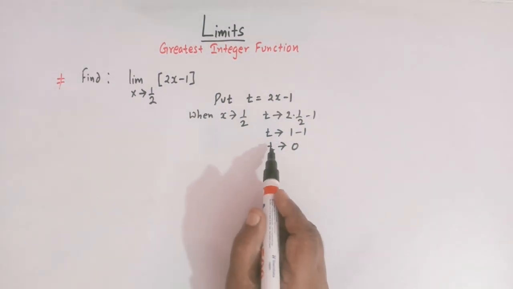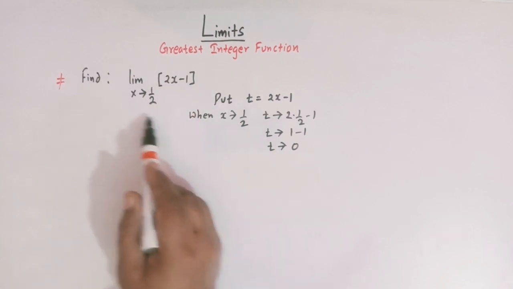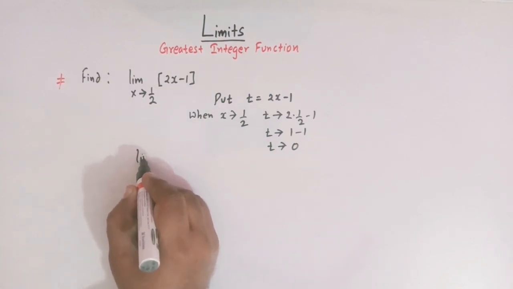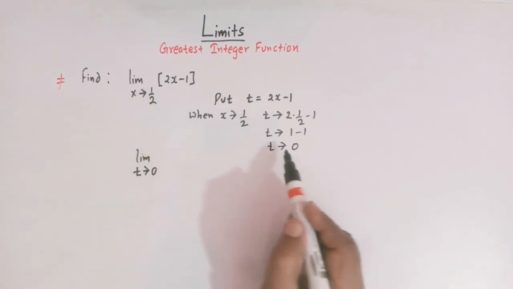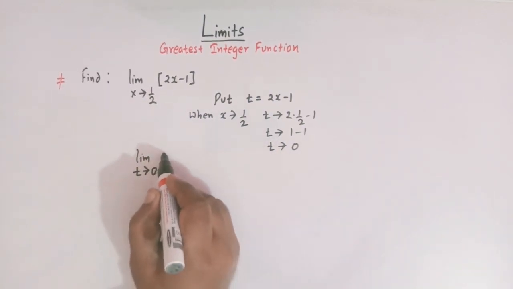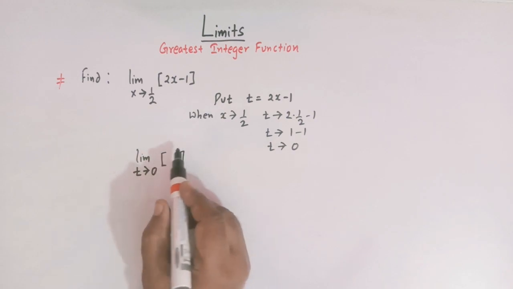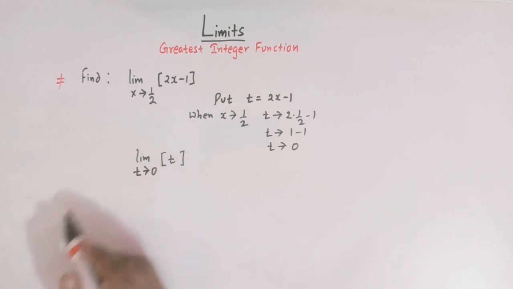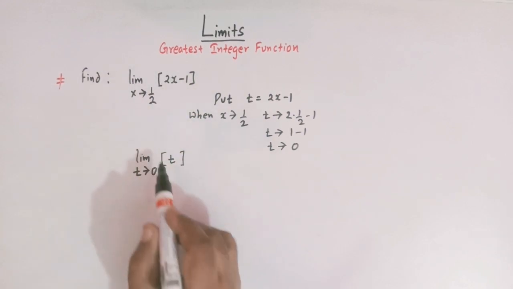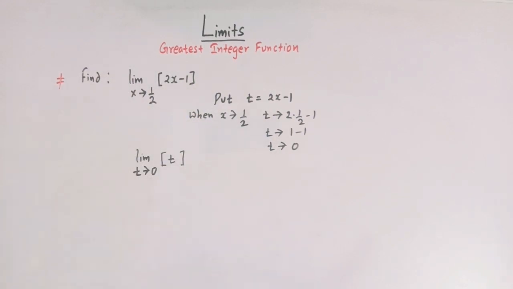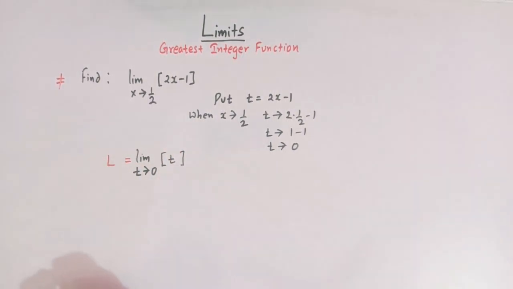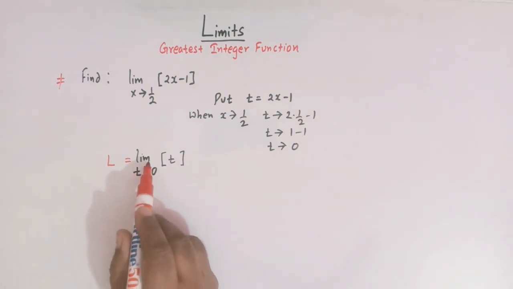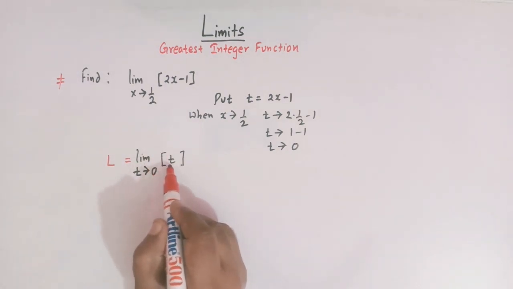Now we can transform this limit to the limit as t tends to 0 of the greatest integer of t. Let us write this limit as L.